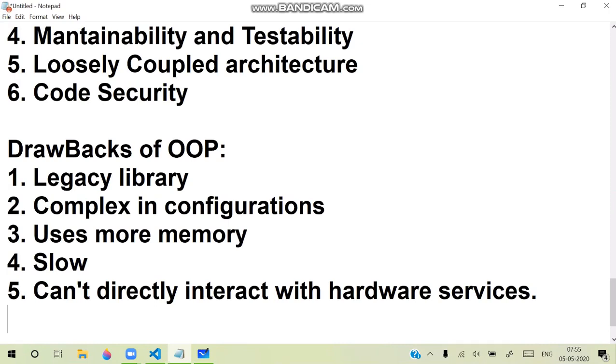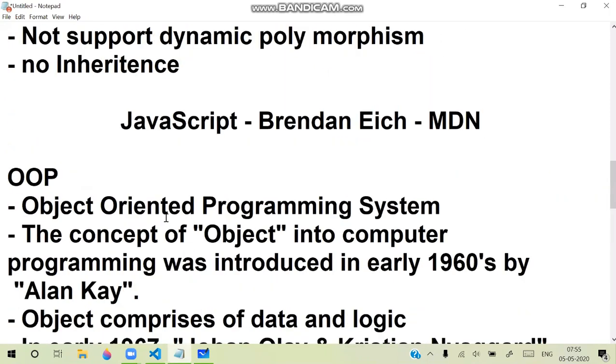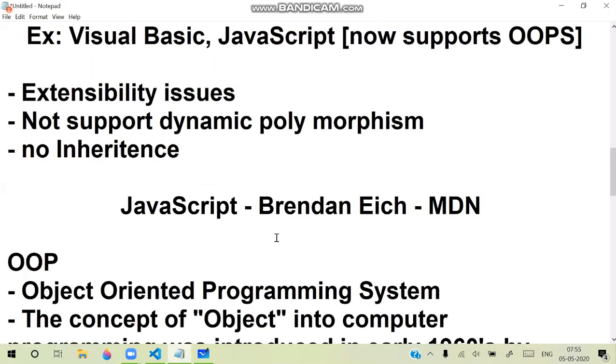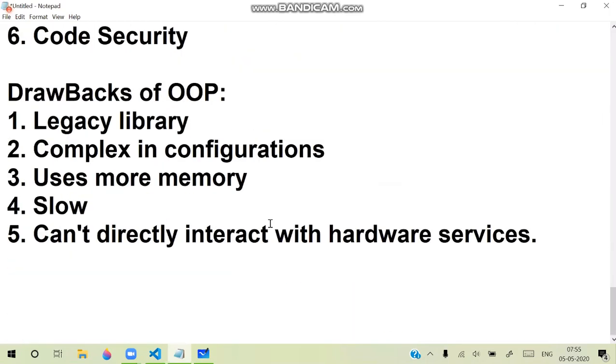The three major programming systems adopted and implemented in computer programming for real-world development are: process-oriented programming system, object-based programming system, and object-oriented programming system. These are the three important programming systems.